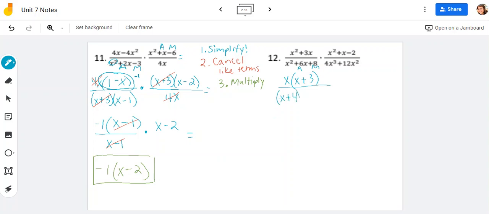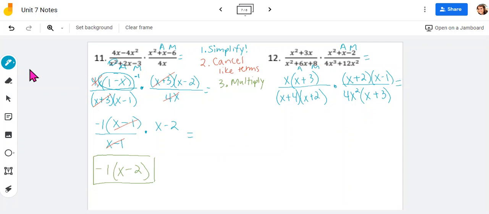I'm going to choose x plus 4 and x plus 2, times, all right, what multiplies to -2 and adds to +1? I can choose x plus 2 and x minus 1. And in my denominator, I'm going to be able to factor out 4x squared as a GCF. So I'm left with x plus 3.